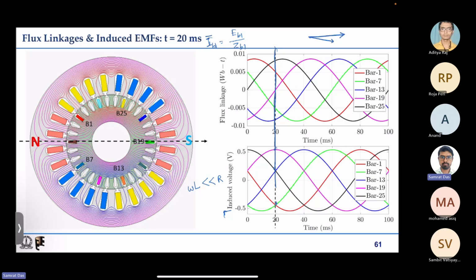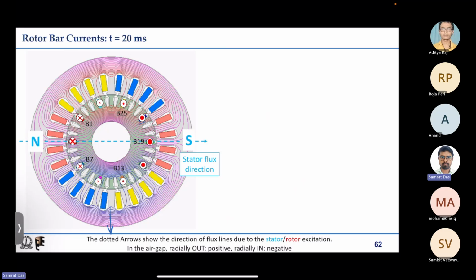So this impedance can simply be approximated to be the resistance of the rotor bar, say RB1 in this case. Whichever bar had the maximum induced EMF at that instant, that same bar will have the maximum current also. If it is positive induced EMF, it will be positive current.